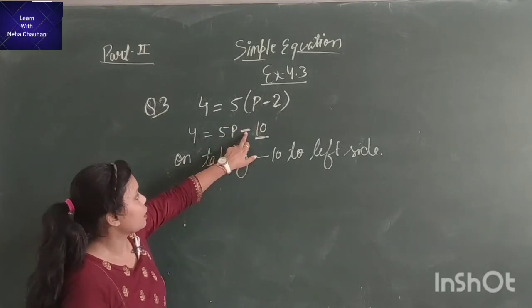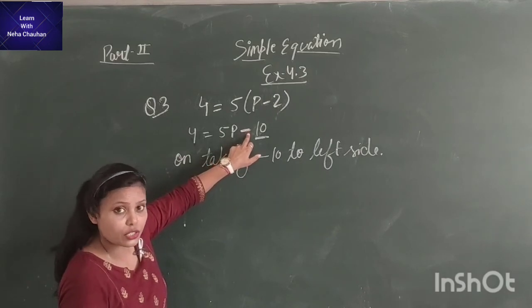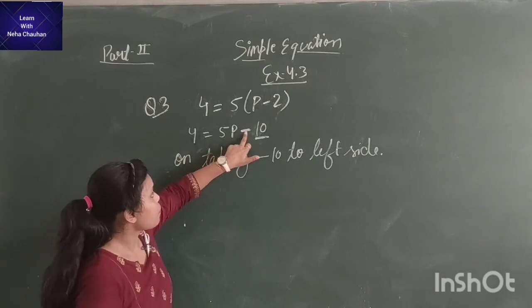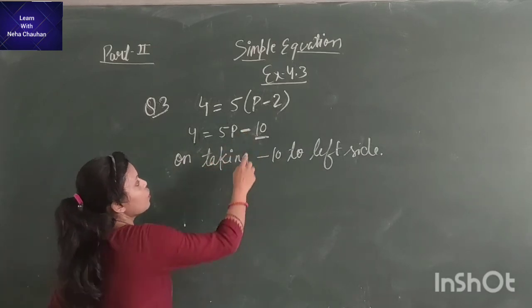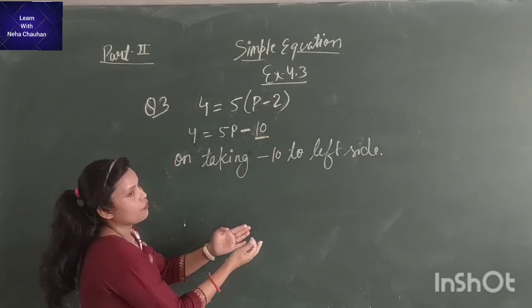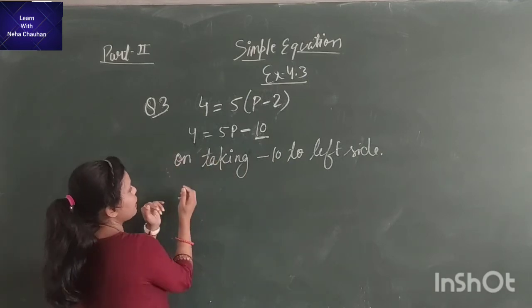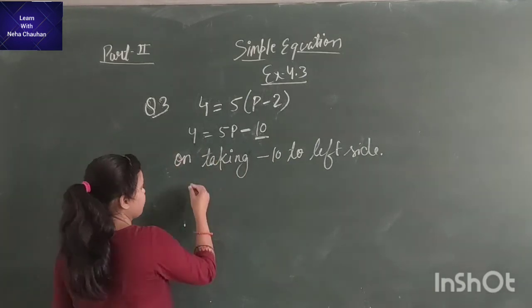If it is minus, it will change into plus. If it is plus, it will change into minus. So this is minus 10. When it shifts to the left side, it will be plus 10.